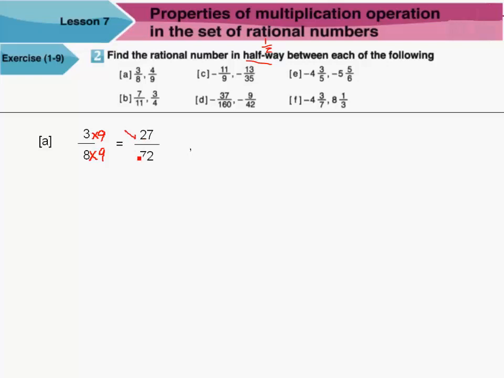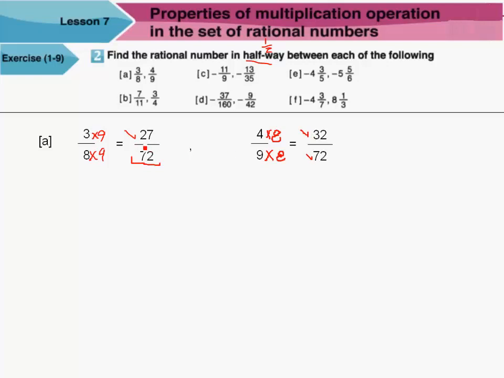This is 27. And what about the 4 over 9? 9 multiplied by 8 gives 72 as the other denominator, so we multiply 4 also by 8. 4 times 8 is 32 over 72.